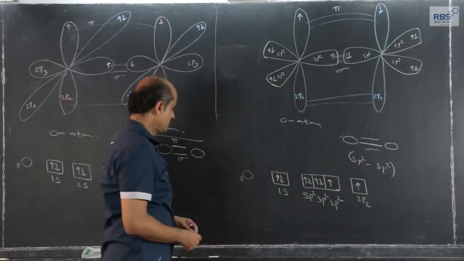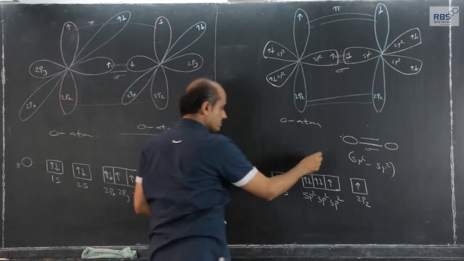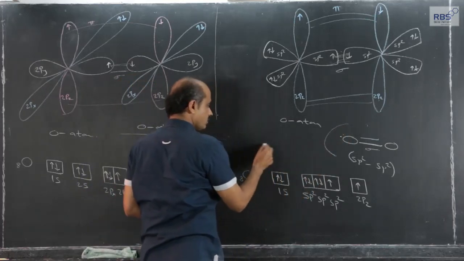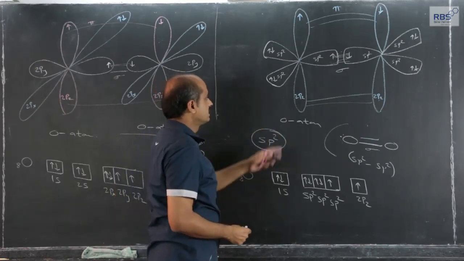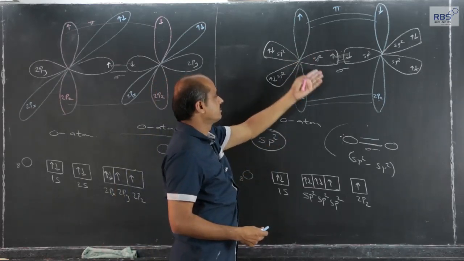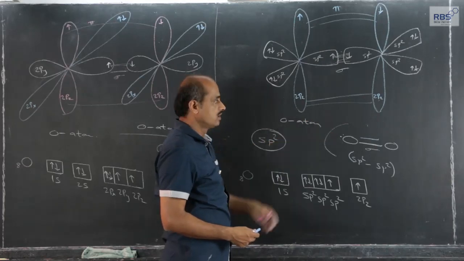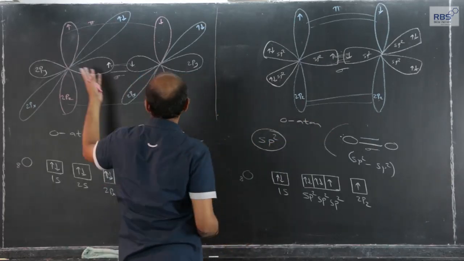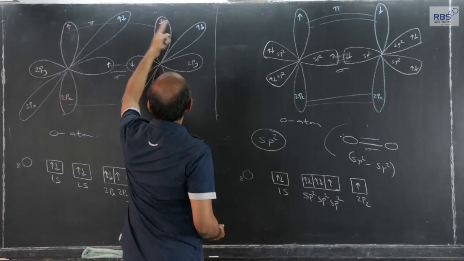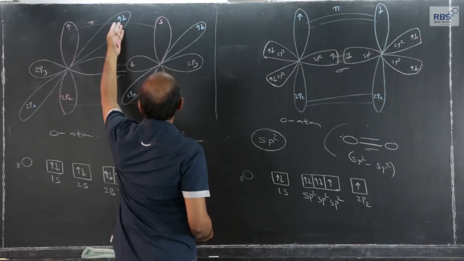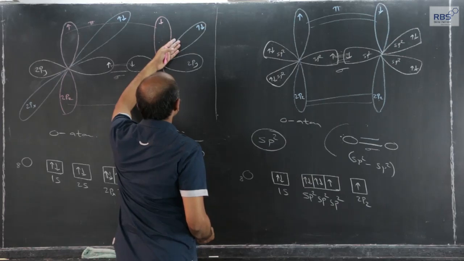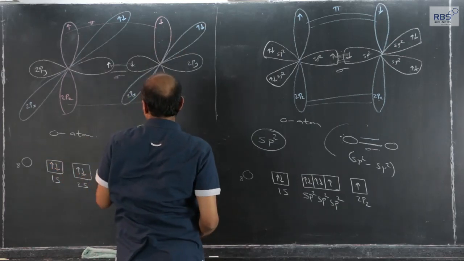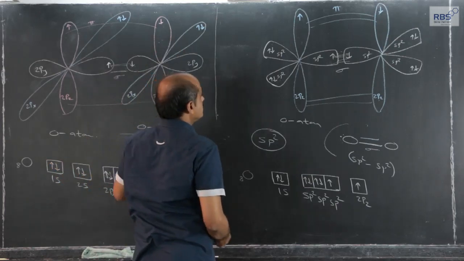So, this is how we can explain that in oxygen molecule formation, the oxygen atom undergoes sp2 hybridization. Only then are minimum repulsion and proper bond formation possible, or else, as I explained, the overlapping of these electron pair containing orbitals would be in action, which is not possible in reality.